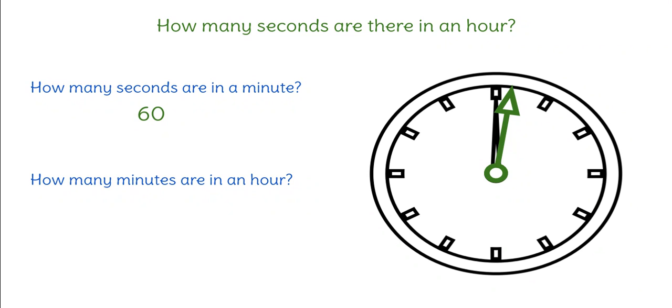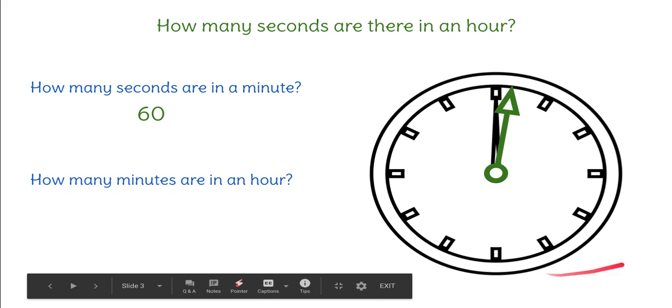So how many minutes are there in an hour? Well, we can actually look at the clock for this one. Each of the little notches or numbers round the sides represents 5 minutes. So we can count up in our fives around each of the notches to find out how many there are.